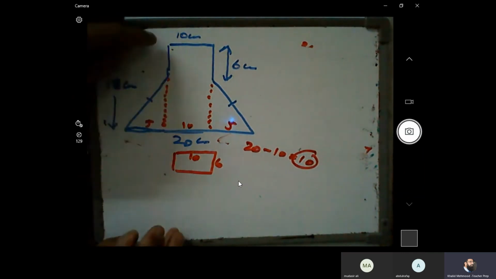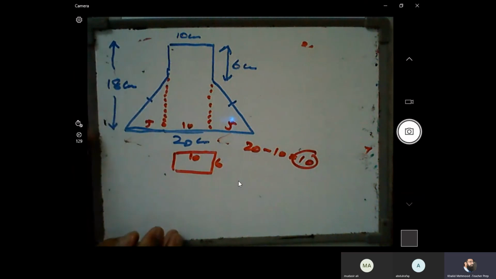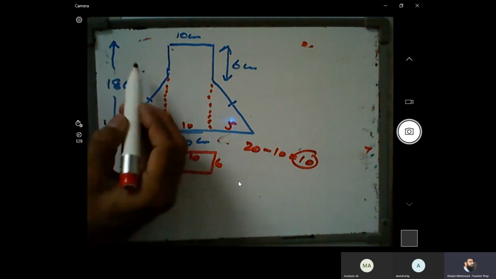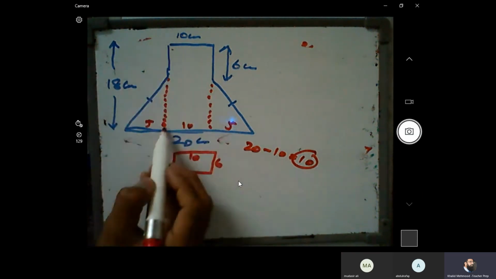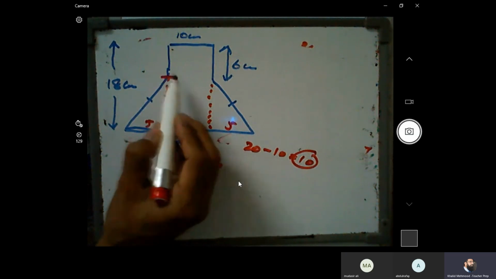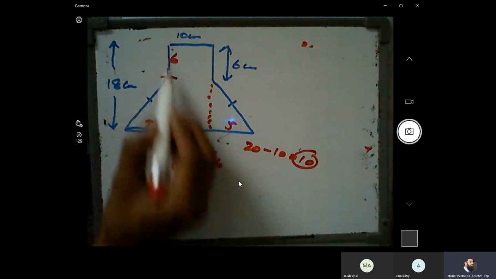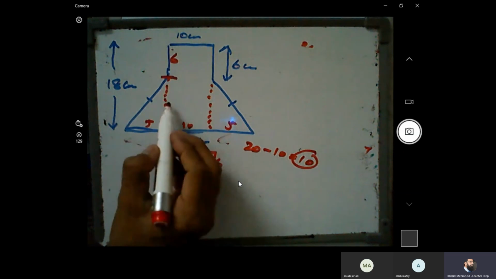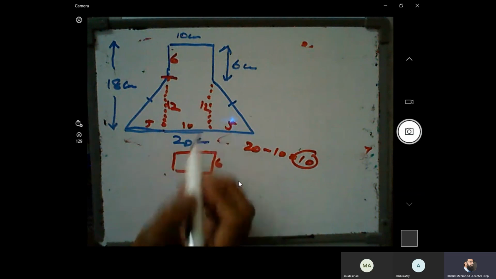And this total height is 18, it is given here. If this is 18, then this is also 18. So out of 18, if I subtract this 6, how much is remaining? This is 12 remaining. If this is 12, then this is also 12.